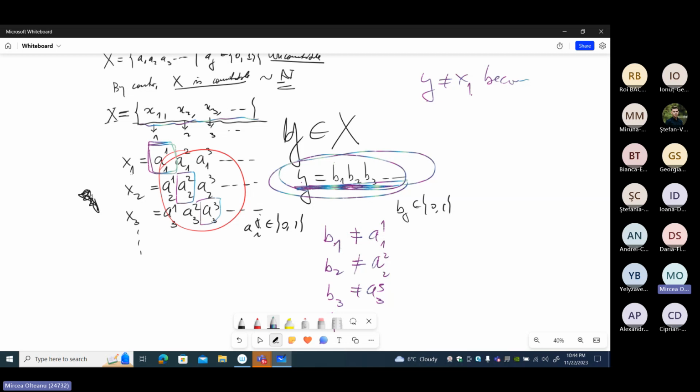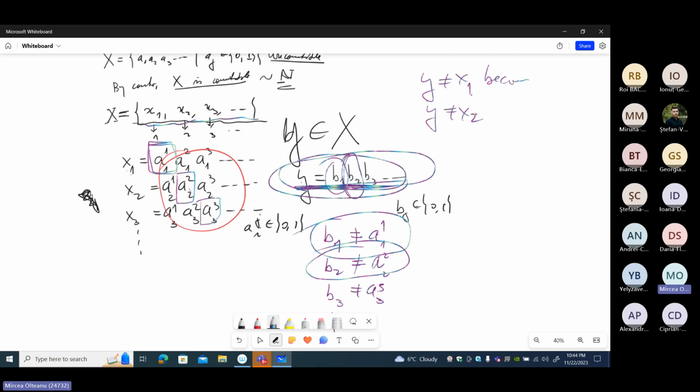Y on the first position has B1, and X1 on the first position has A11, and they are different. Y is different from X2, simply because on the second position, Y has B2, and X2 has A22, and they are different because of this choice, and so on.